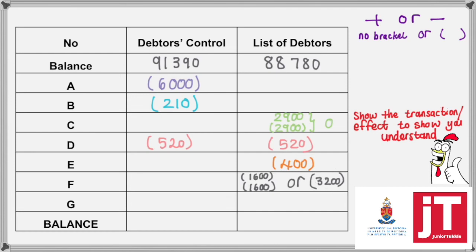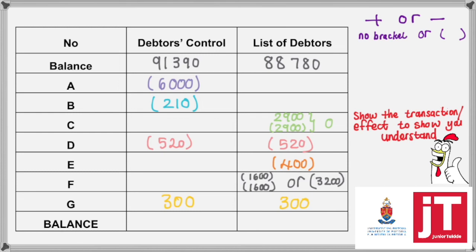Both will be accepted as correct. I prefer that you show the minus, just to make it sure in your mind, and that whenever you have an incorrect debit or credit, you have to double up, do it twice on the opposite side.